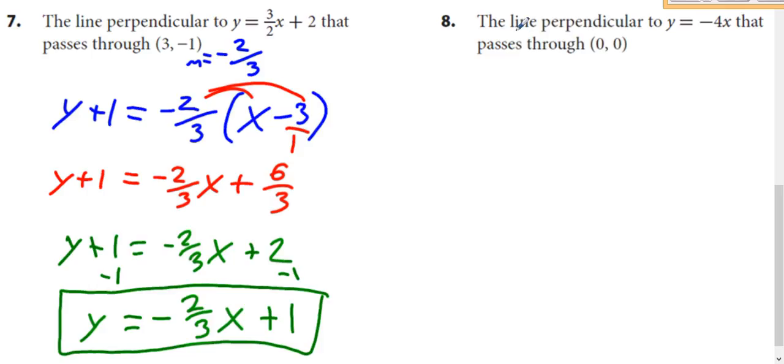So for the perpendicular to y equals negative 4x, the slope that's in the given line is -4. So the perpendicular slope is going to be the reciprocal. If that's 4 over 1, the reciprocal would be 1 over 4. And then the given slope was negative, so you change the sign to a positive for our perpendicular slope.